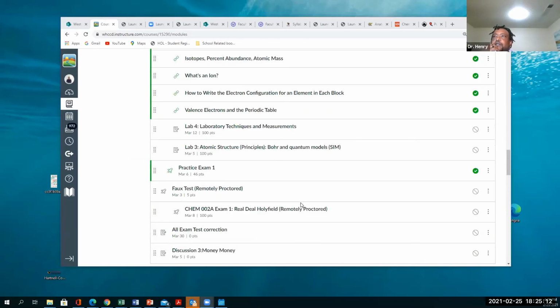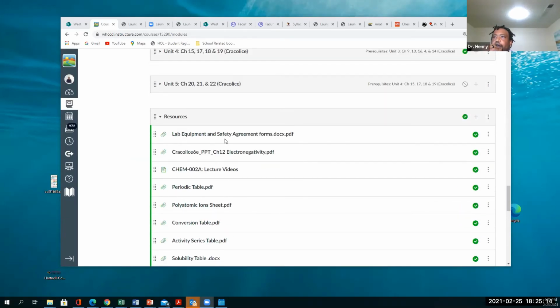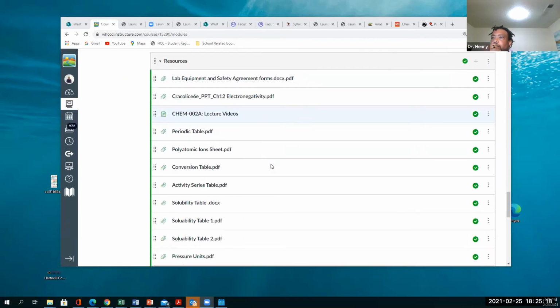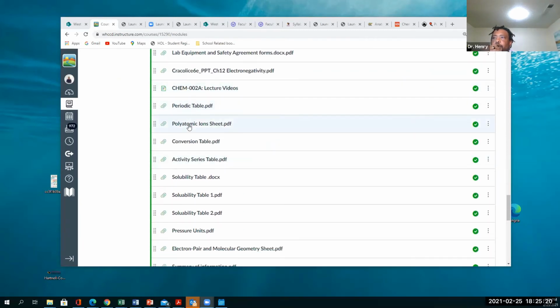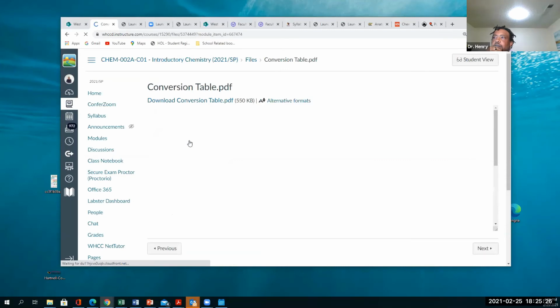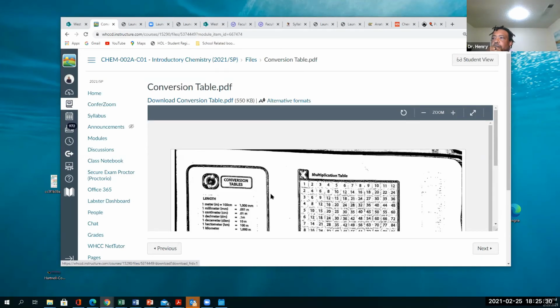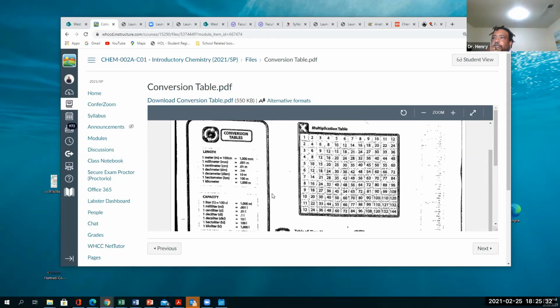Can you guys see my modules? Yeah. So there's a tab that says resources. You have your periodic table, your polyatomic ion table, you have your conversion sheet. Okay, so this is the conversion sheet.